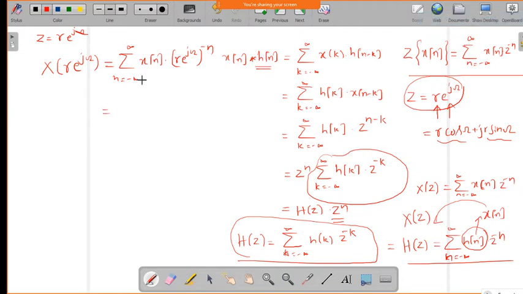We can rewrite this equation as summation n equal to minus infinity to plus infinity x of n into r power minus n into e power minus j omega n.